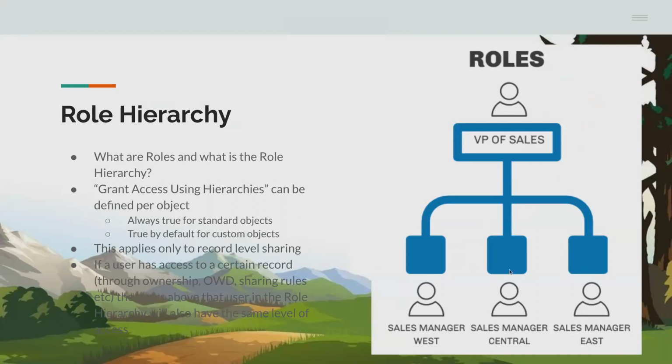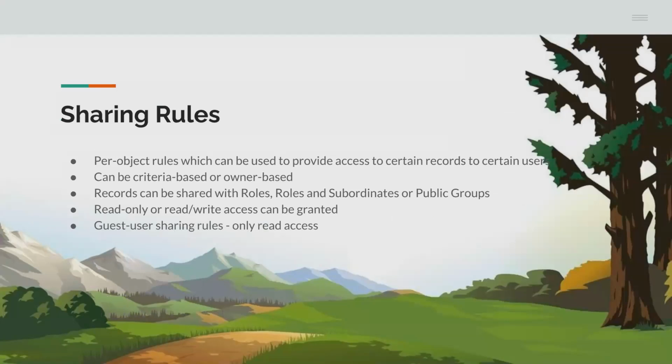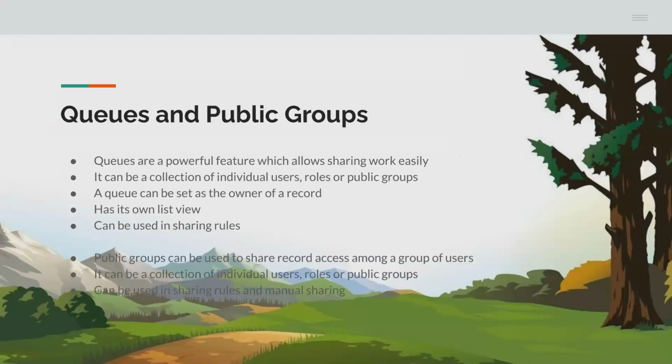So if somebody has record ownership here, these users can't see it. But if you want to share the west records with the central records, you can use a sharing rule where you say that any records owned by the sales manager west should be shared public read write or read only with the central area. So those are sharing rules.